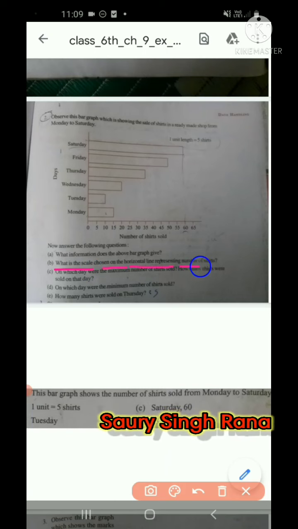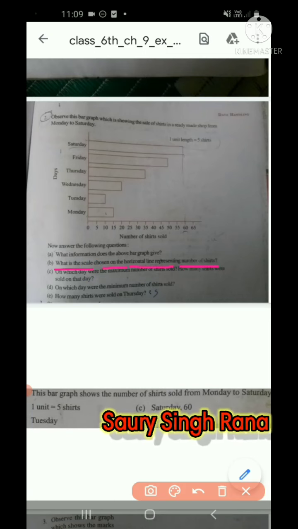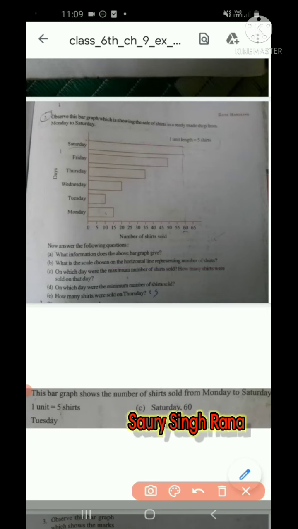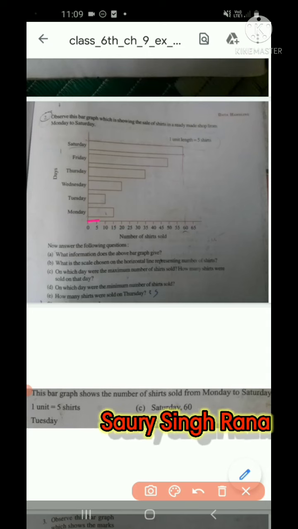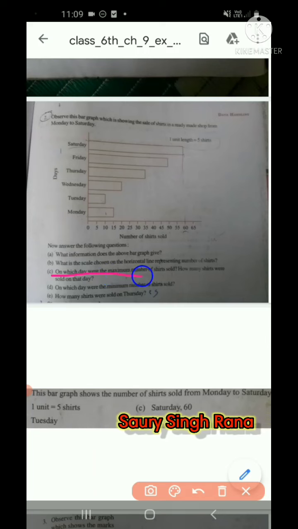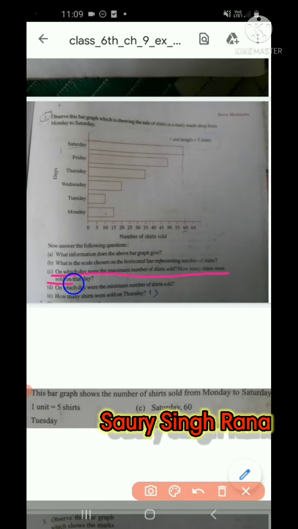B part is what is the scale chosen on the horizontal line representing number of shirts. So it is 1 unit length is equal to 5 shirts. Means 1 unit length is this much and we can clearly see that it says 5 shirts. Now C part says on which day were the maximum number of shirts sold, and how many shirts were sold on that day?